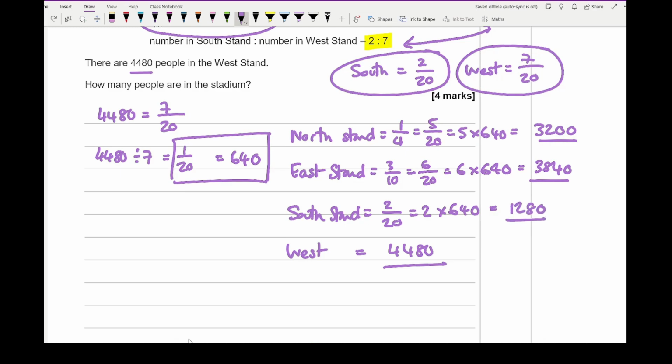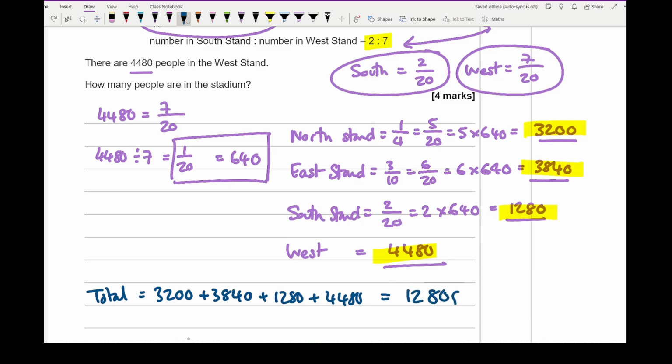To work out the total capacity of the stadium, I've just got to add up these four numbers. So the total is going to be 3,200 plus 3,840 plus 1,280 plus 4,480, and type that in. And we get a total of 12,800, and there is my final answer for that one.